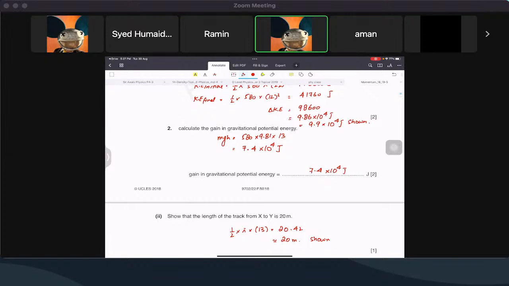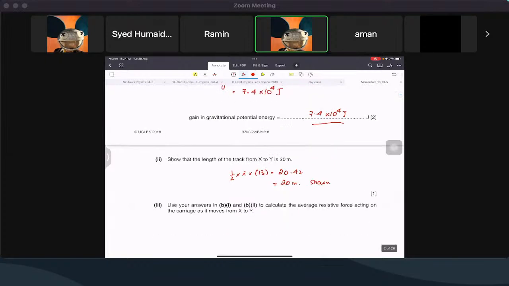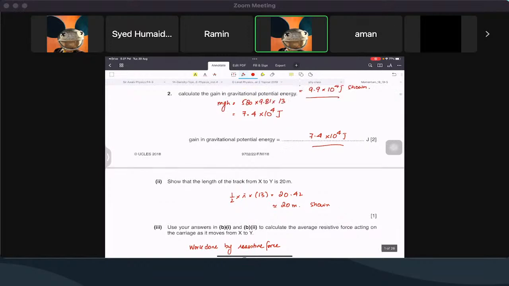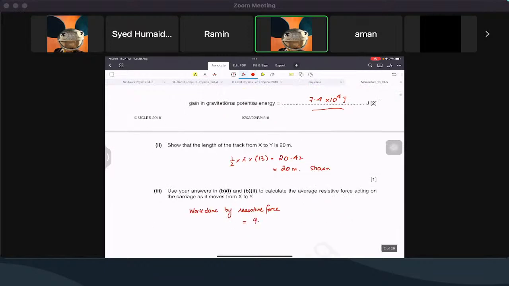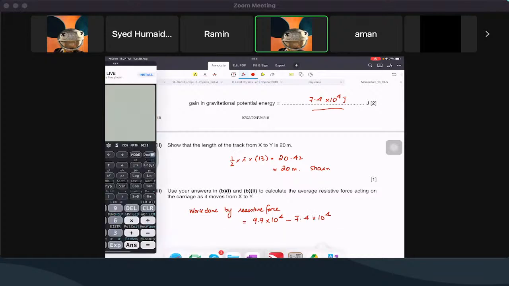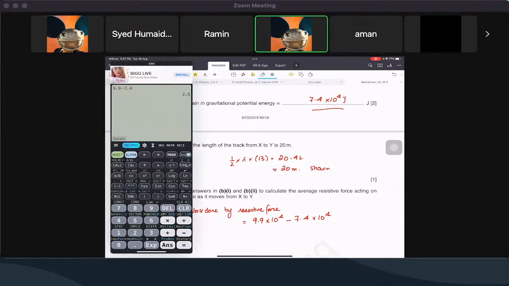So the work done by the resistive force should be equal to the difference in the energy, 9.9 times 10 raised to 4 minus 7.4 times 10 raised to 4. Very quickly, this is going to be 2.5 times 10 raised to 4.